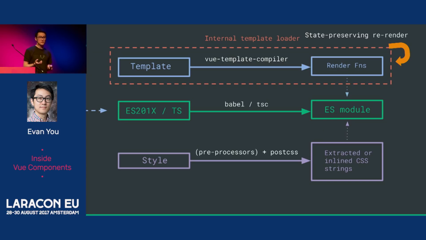If we receive a notification saying your template has changed, we can recompile the template because the thing we get is already an updated version of the compiled render functions. So we simply replace the affected component's original render function with the new one and tell it to re-render. And we can simply do this because of Virtual DOM.